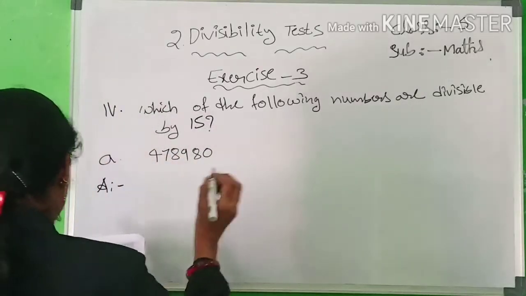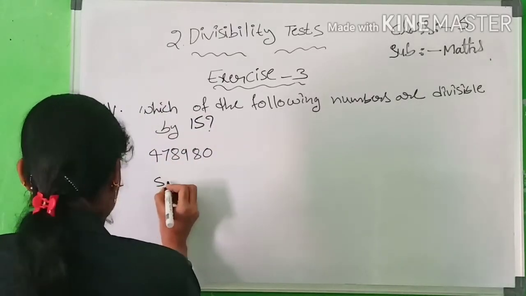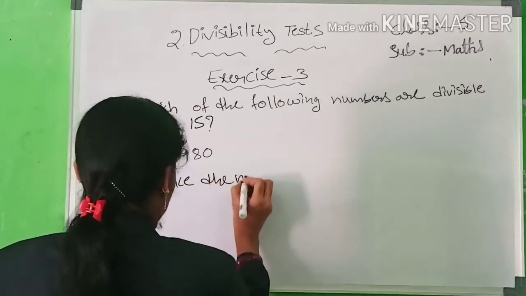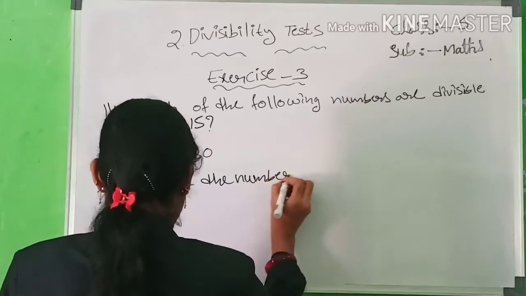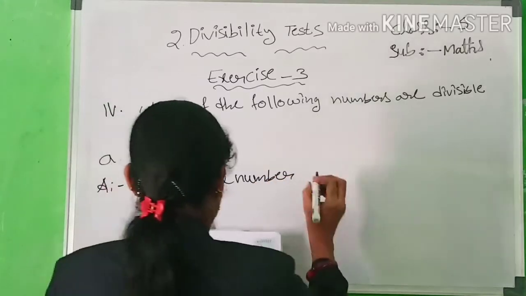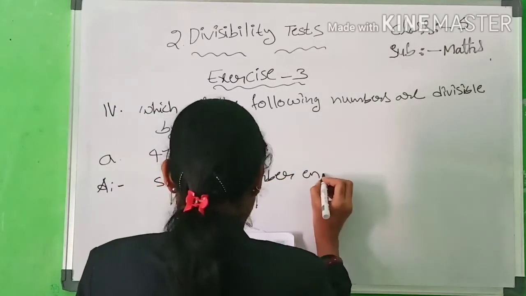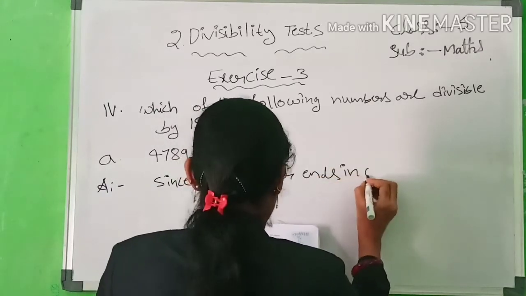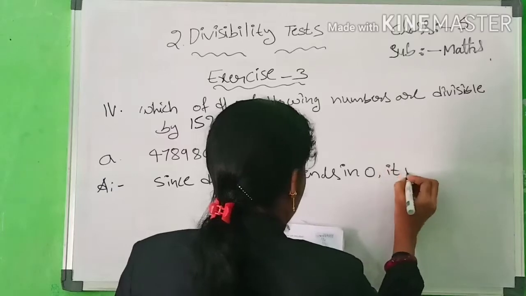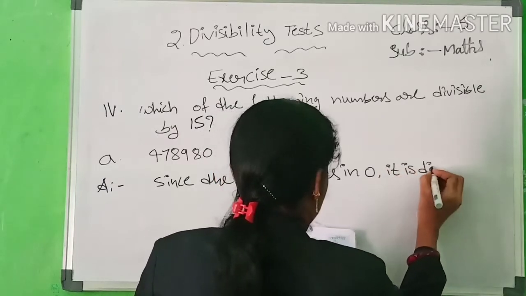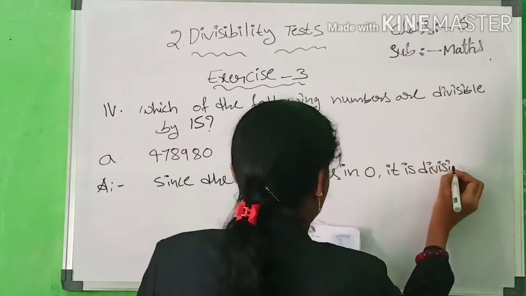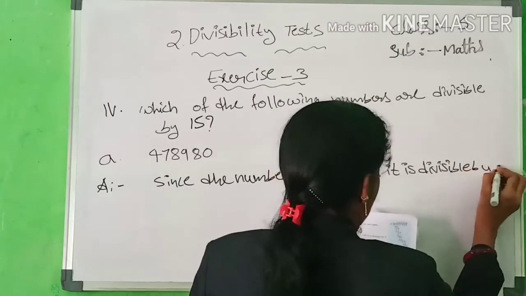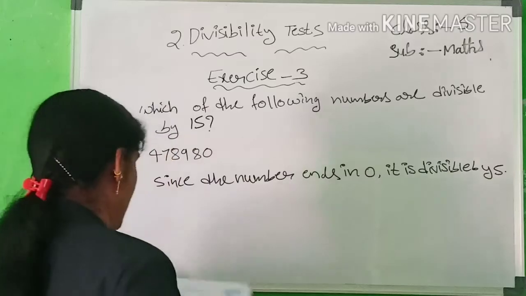Okay, children. Since the number ends in 0, it is divisible by 5.